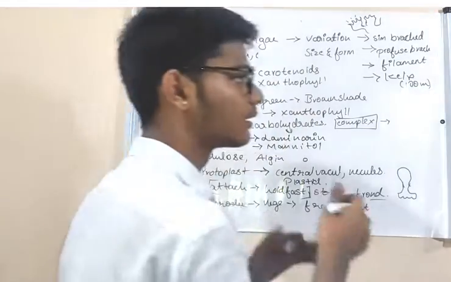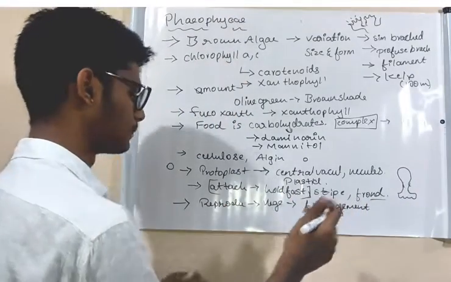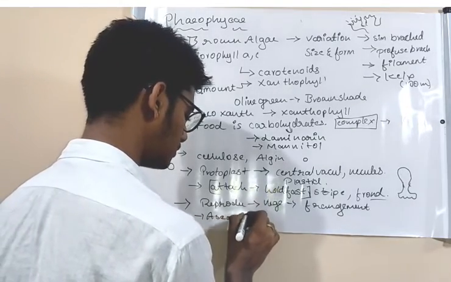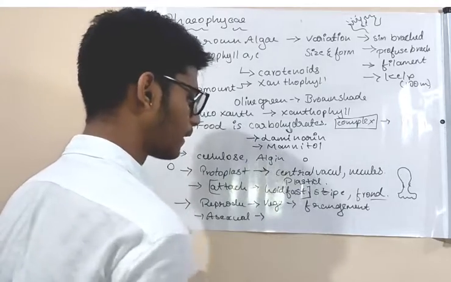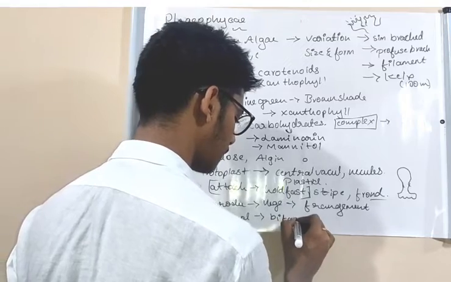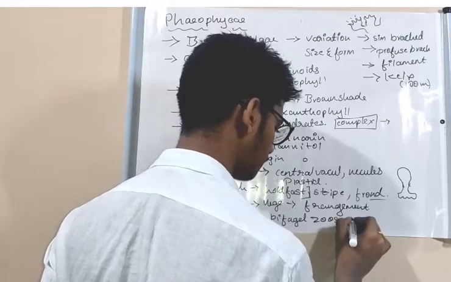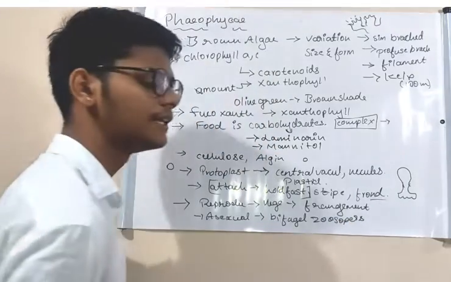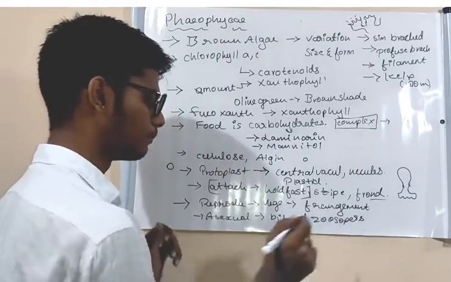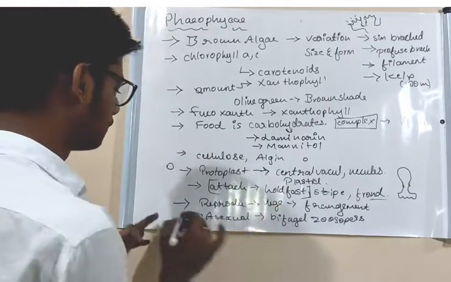In asexual reproduction, it is by biflagellate zoospores. Bi means two flagella containing zoospores.